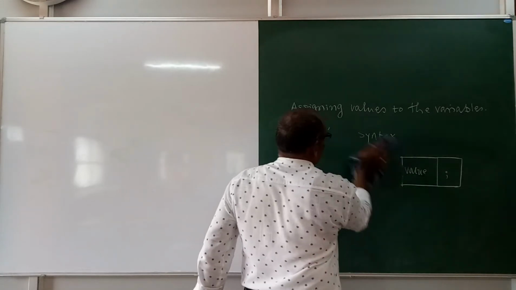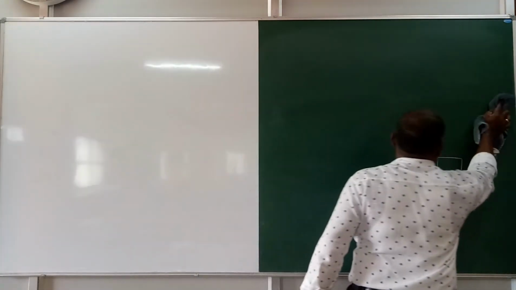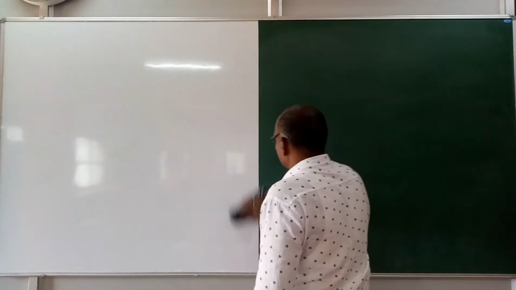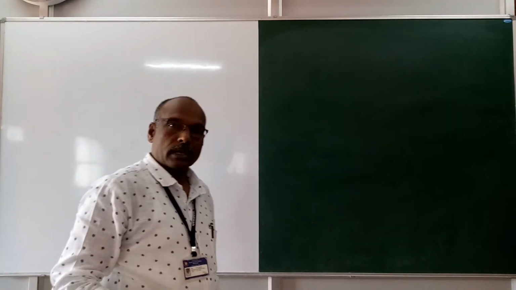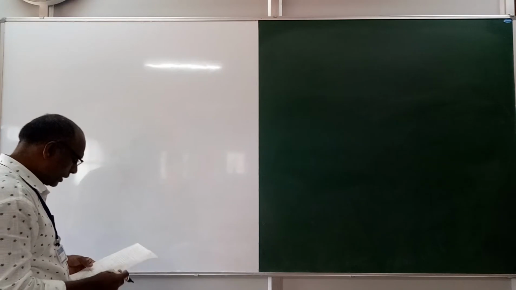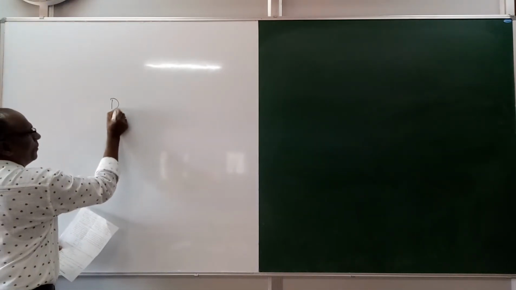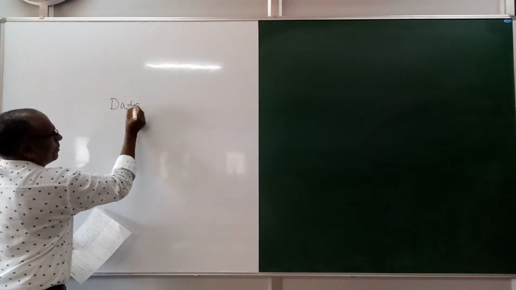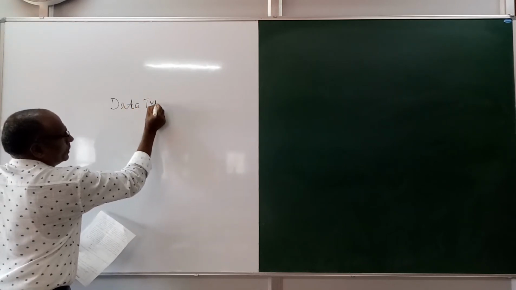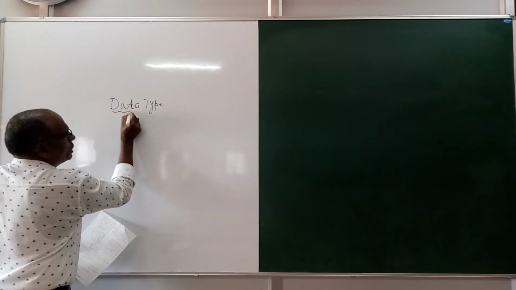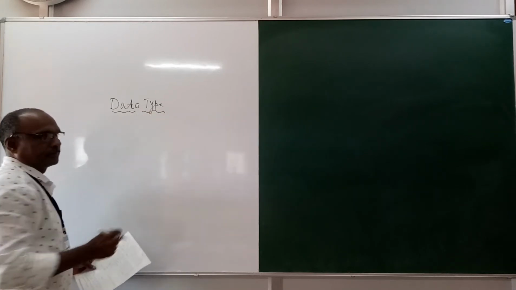What is called as data type? People get confused. Initially we were also confused about this, what is called as data type. Data type, this is T type. Here you can say, is this type of data?